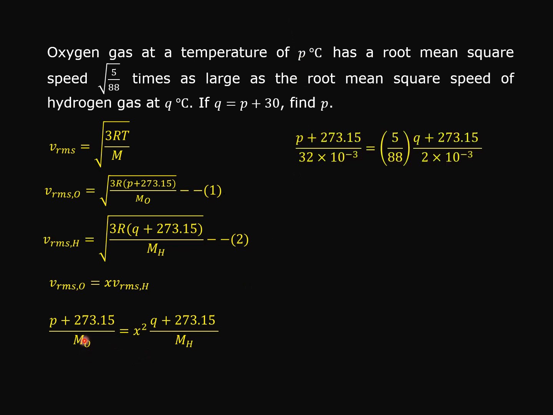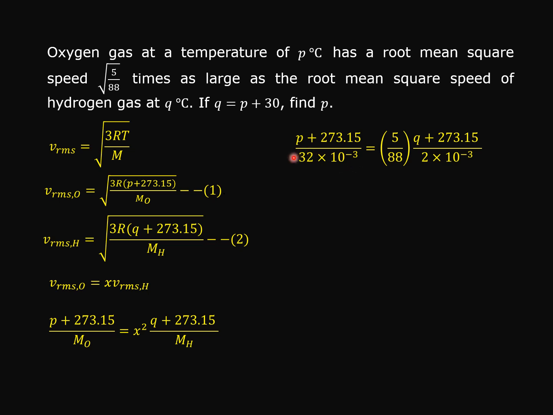We can now substitute the values for the molar mass of oxygen, the molar mass of hydrogen, and x squared, so that we can reduce the number of symbols in these expressions. Now x squared gives us 5/88.